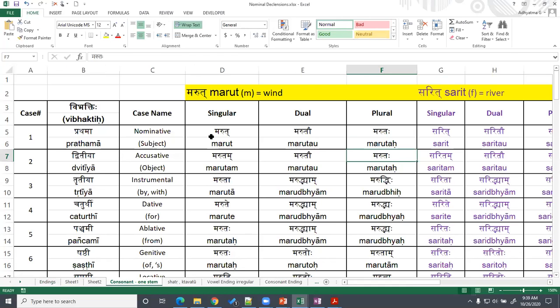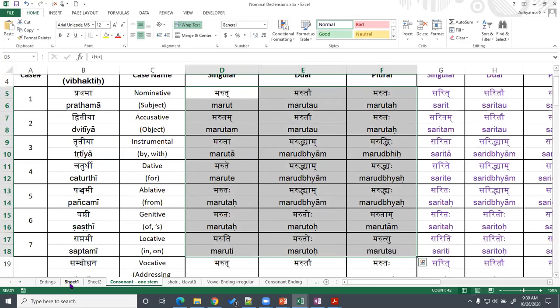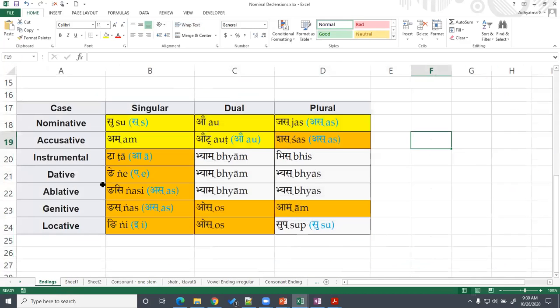For example, marut, marutau, marutaha: the suffixes are applied on the base form and you get the end forms without many other rules coming into play.